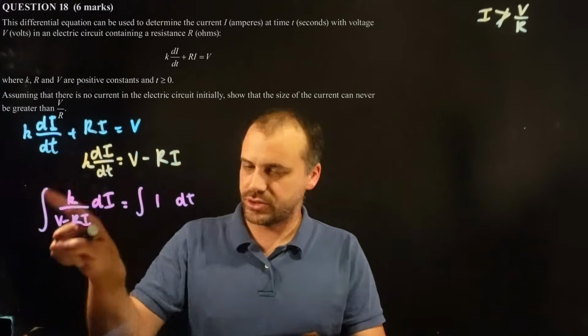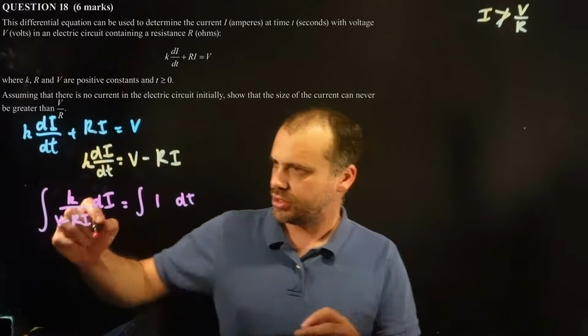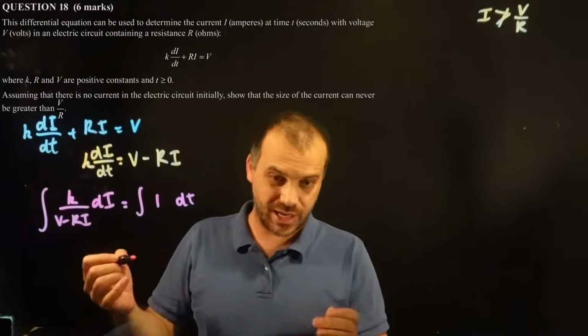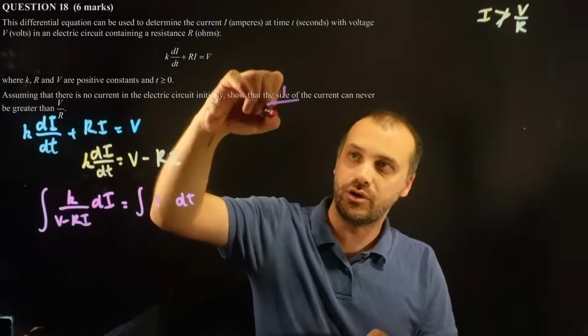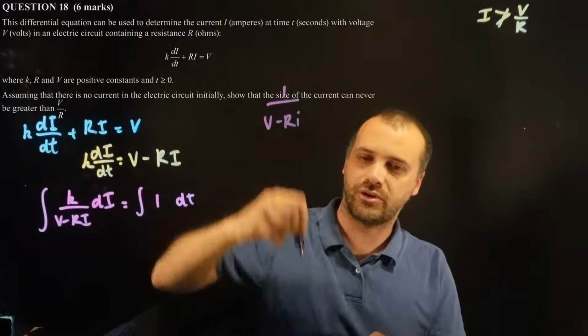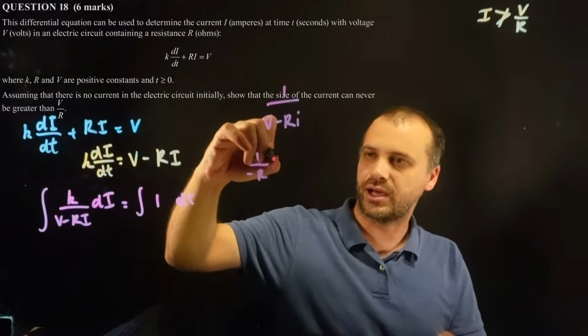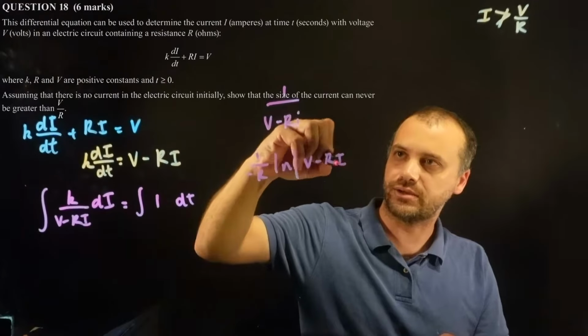Now, this is an integral that you should be familiar with. We're going to end up in a natural log. If we brought the K out, we'd have 1 over V minus RI. And the integral of 1 over V minus RI is equal to 1 over negative R ln absolute value V minus RI.